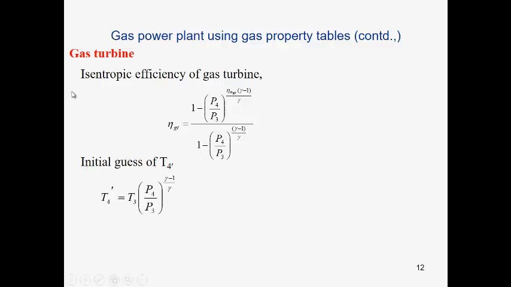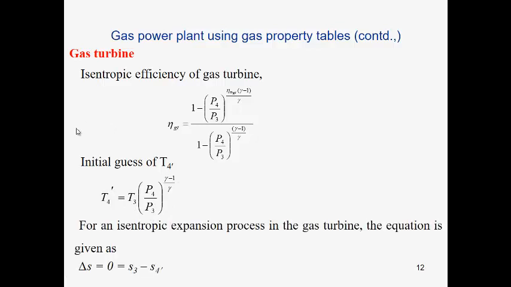To solve this isentropic expansion, an initial guess is required. That initial guess is obtained from the basic thermodynamic process, that is the isentropic process. Earlier we assumed T2 by T1 is equal to P2 by P1 all over gamma minus 1 by gamma. Similarly, T4 dash is the temperature at the exit of isentropic expansion.